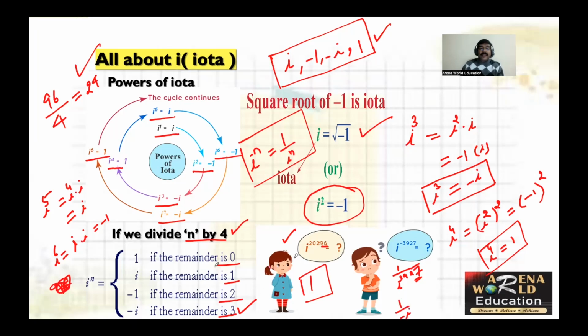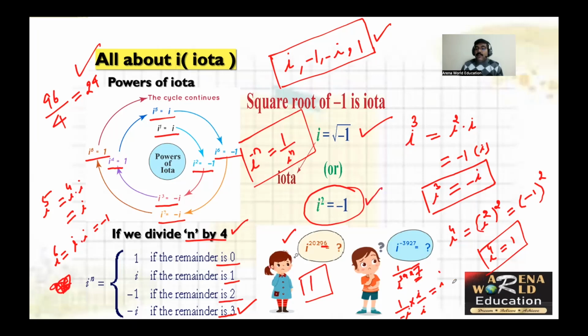But you know, the standard form of a complex number is a plus iota b. We cannot leave this question at this stage, 1 upon minus iota. What we will do is multiply and divide 1 upon minus iota by iota. Right? So 1 into iota is iota, and in the denominator minus of iota square. Iota square we had already calculated, it is -1.